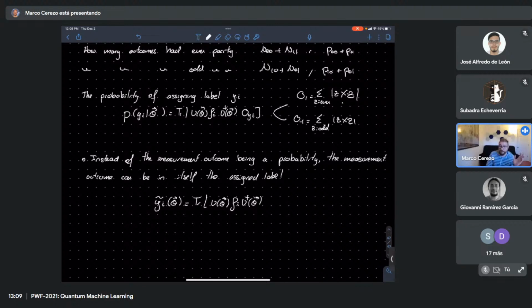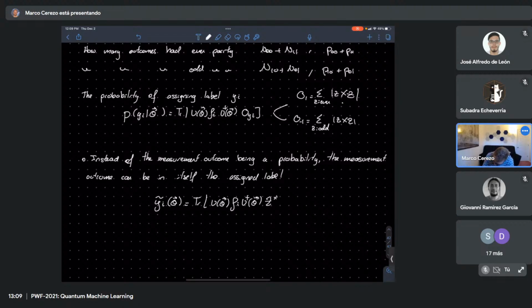Because my true label is a discrete value that lives between -1 and 1. But for now, what we can do is assign a number that is somewhere in between there. And I'm going to try to get it as close as the true value, right? So something that we can do is measure some operator which has an expectation value that lives between -1 and 1.